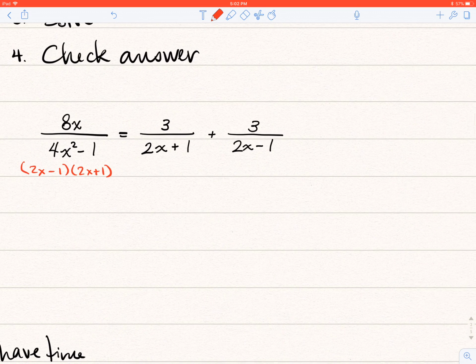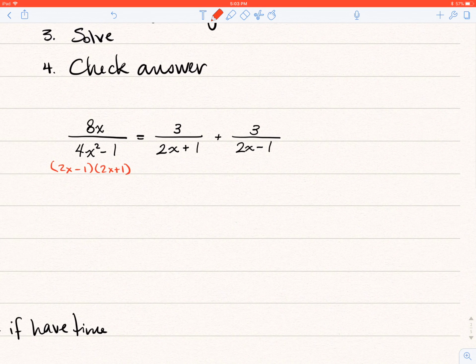Now, in order to get my common denominator, and I'll come over here to the side to do this, the method that I typically use is, first of all, use all of the first denominator that you have. That's automatically going to be part of your common denominator.